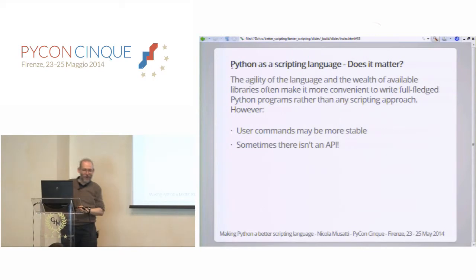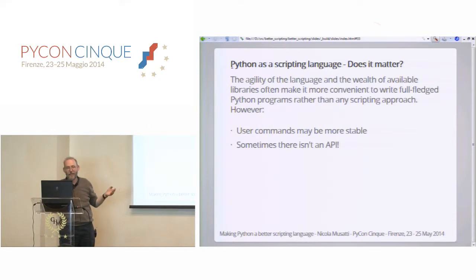So I'll try to wrap up, hopefully leaving a little time for some questions. As I said, if there are APIs, it's much more convenient to use them. Python is not a scripting language. It's much more, and it's usually much more convenient to use it fully than to just wrap commands, which are still a bit awkward to handle.